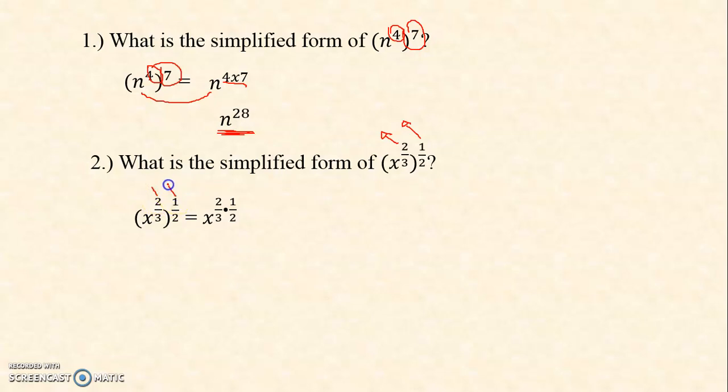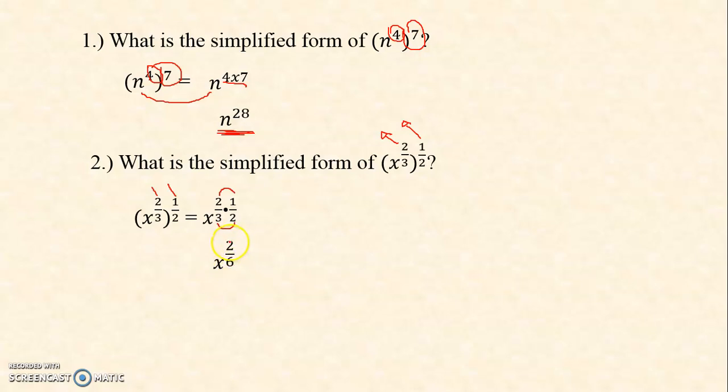Power is being raised to another power, so all you need to do is multiply the exponents. In multiplying fractions, just multiply the numerator by the numerator and the denominator by the denominator. That's why we will have 2 times 1, that is 2, and 3 times 2, that is now 6. So we have here x raised to 2 over 6.